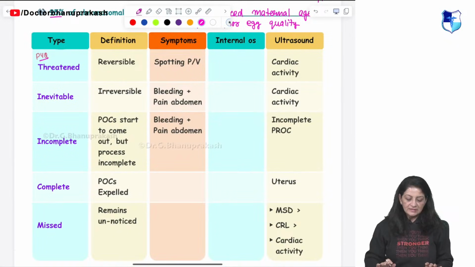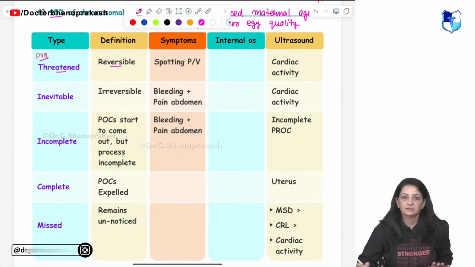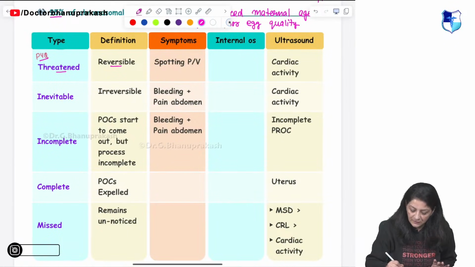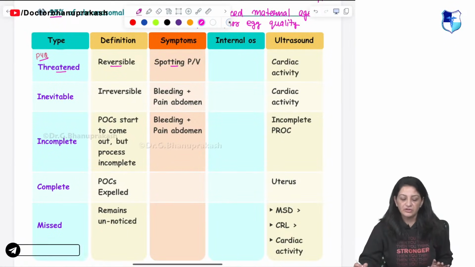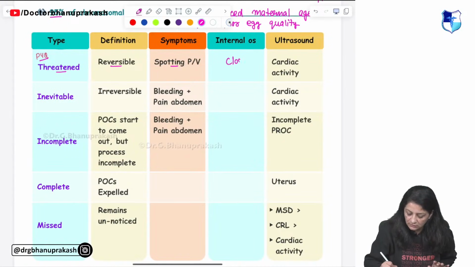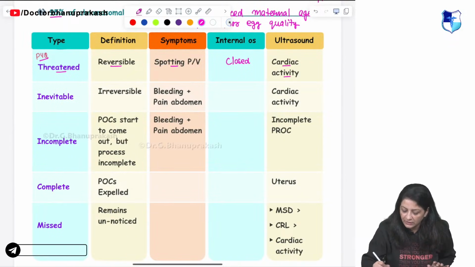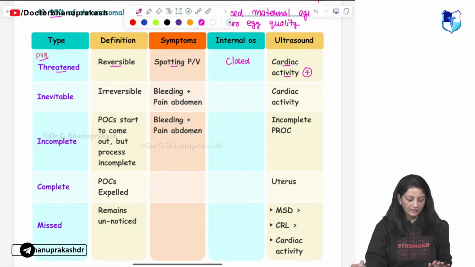Okay, let's see one by one. Threatened abortion is reversible. Symptoms: spotting per vagina, internal os closed. On ultrasound, cardiac activity present.